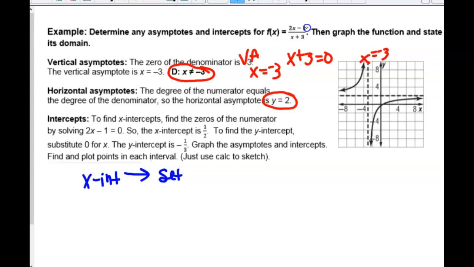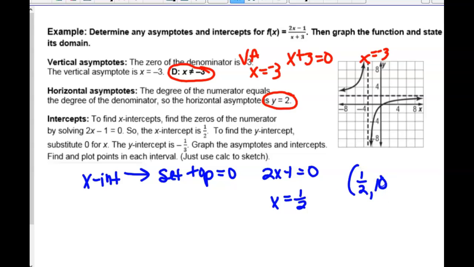The top has to equal 0, right? 0 divided by something would be 0. So we're going to set the top equal to 0. So 2x minus 1 equals 0 would be x equals 1/2. So if we put a 1/2 in, we'll get out a 0. So it's crossing over here to the right half a unit. Now they're counting by 2s, so you can't even tell, but that's that blue over there.